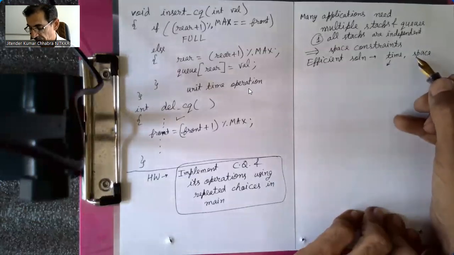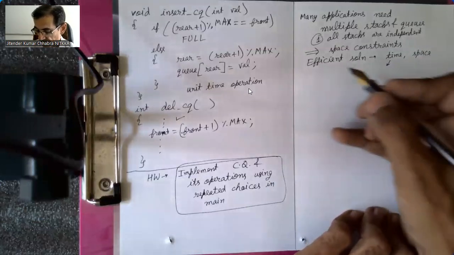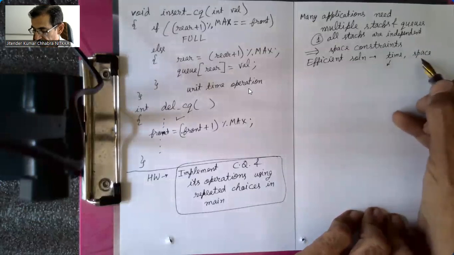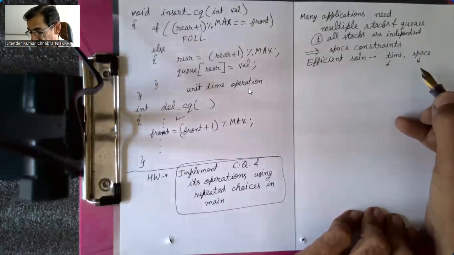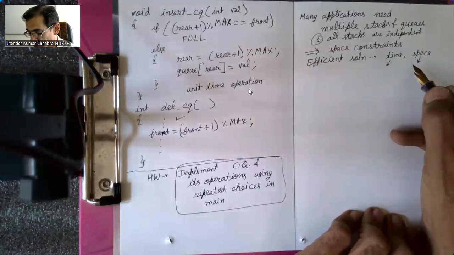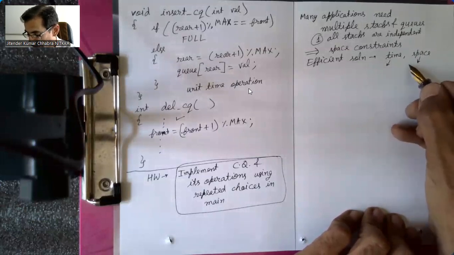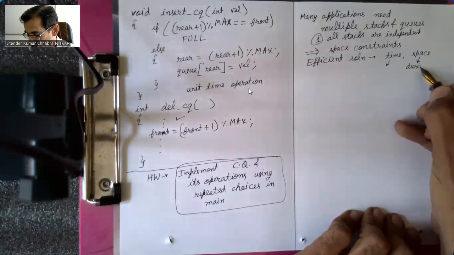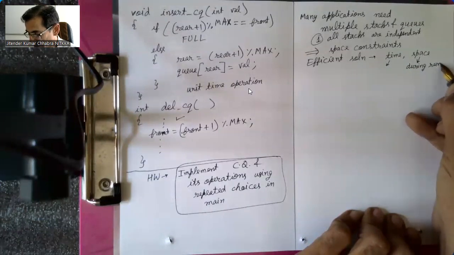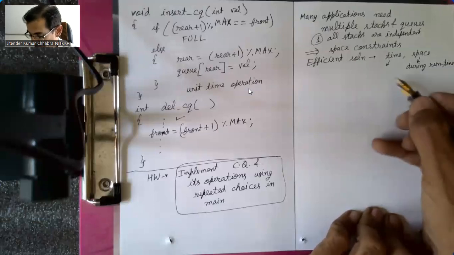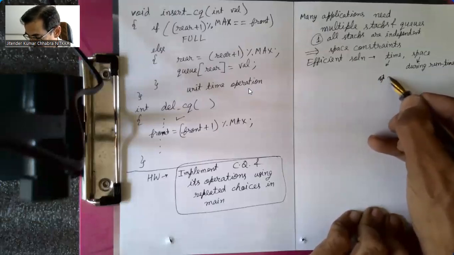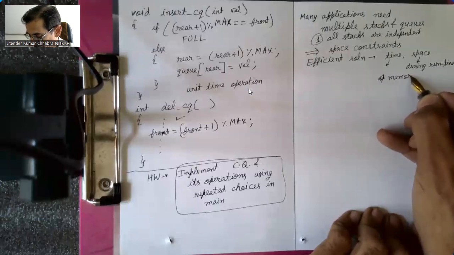So my efficiency always means time and space to be minimum. Space doesn't mean the lines of code. Space I mean during runtime, how much space or memory is needed by variables.